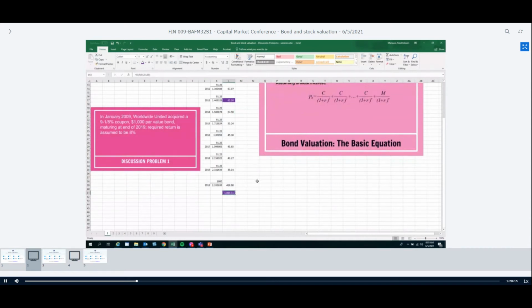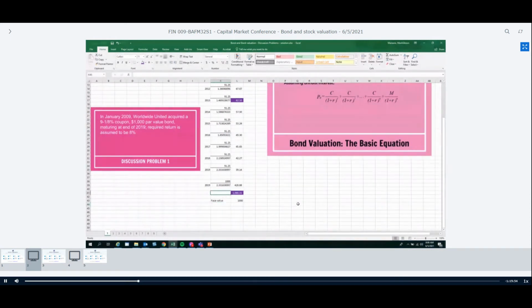Anong ibig sabihin yan? Kung naalala nyo rin during the introduction, ito yung usapan natin, no? The face value of the bond is 1,000. This is the face value, ha? Ngayon, the purchase price is 1,080.